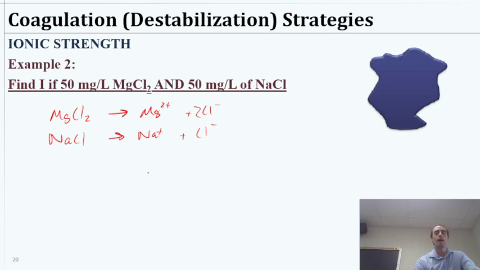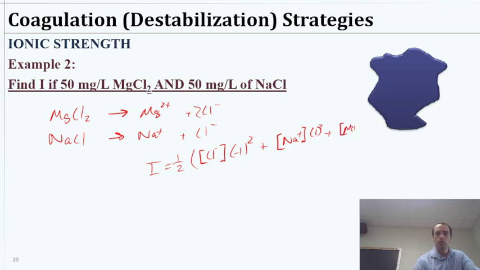You're not going to have, in your ionic strength equation, it's going to look like this, we'll say: Cl minus times -1 squared plus Na plus times 1 squared plus our Mg times 2 squared.